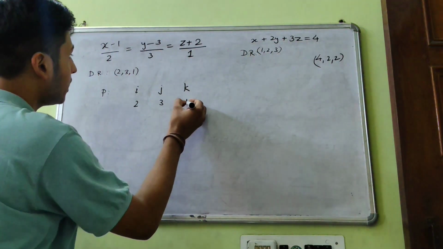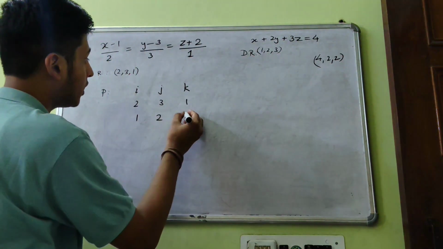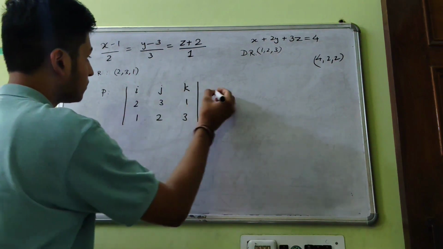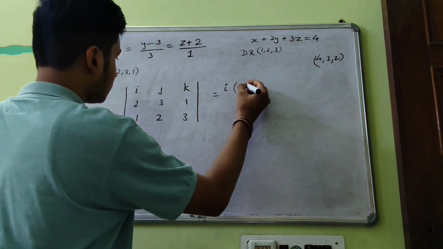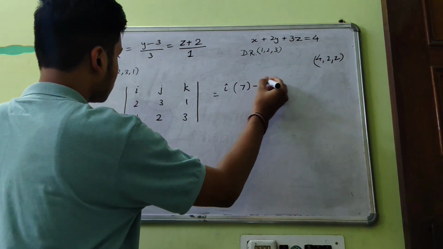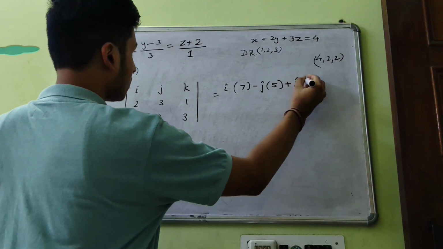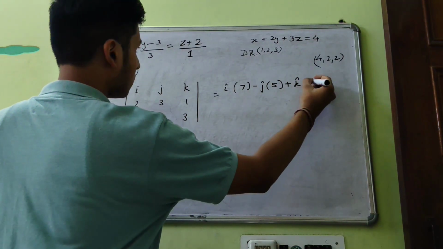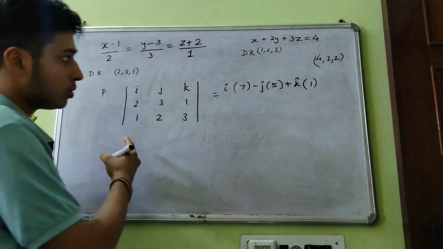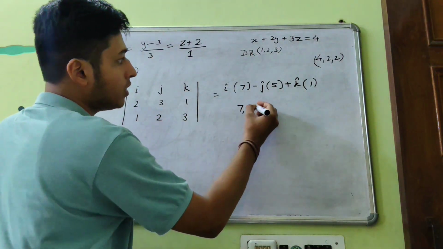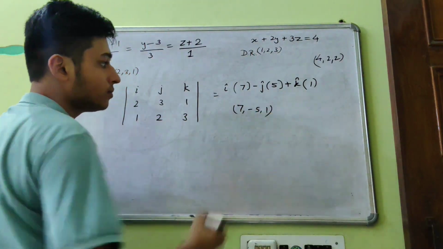2, 3, 1 and 1, 2, 3. So the direction ratios of the plane P are 7, minus 5, 1.